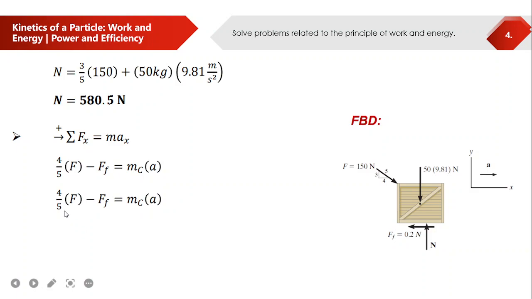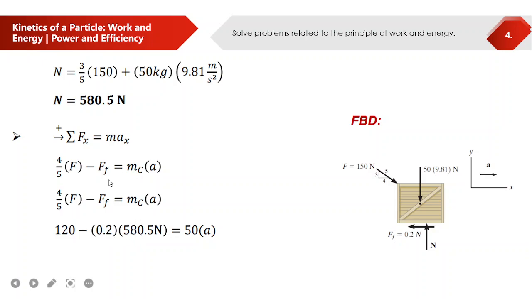That will be 4/5 of force minus friction force is equals to mass of the crate times acceleration. So that will be 120. Okay, so 150 times 4/5 is 120 minus 0.2. That's your coefficient of friction, no?